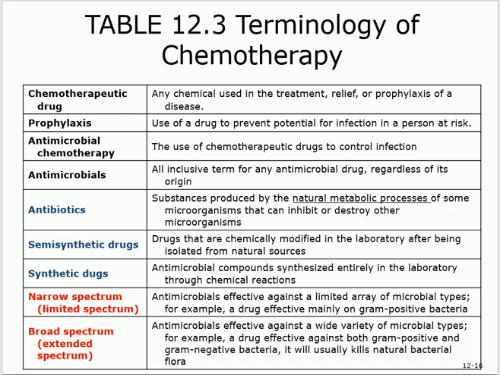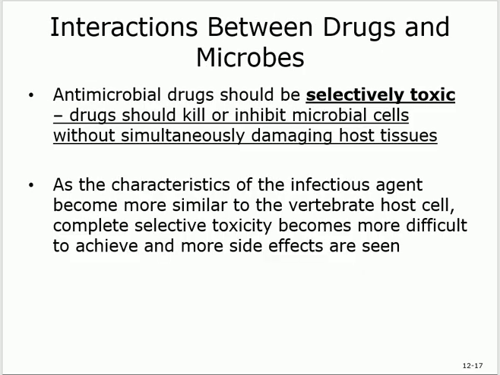So which one kills our normal flora, narrow spectrum or broad spectrum? Broad spectrum. Is that clear? Narrow spectrum kills gram positive only. Broad spectrum kills positive, negative, and our natural flora. Okay. So if you're taking narrow spectrum, it will usually not kill your natural flora.